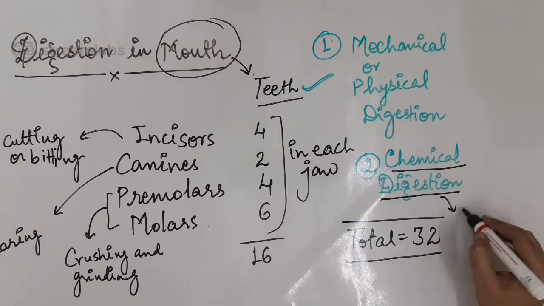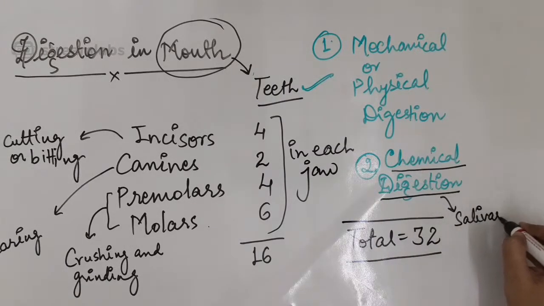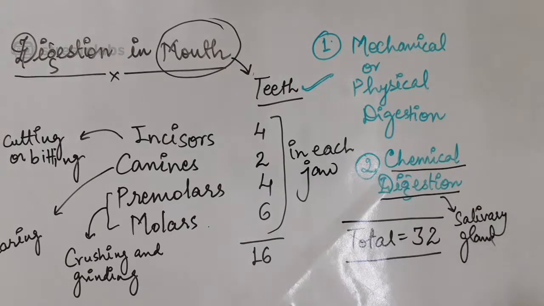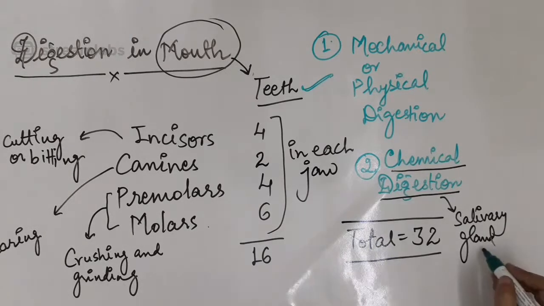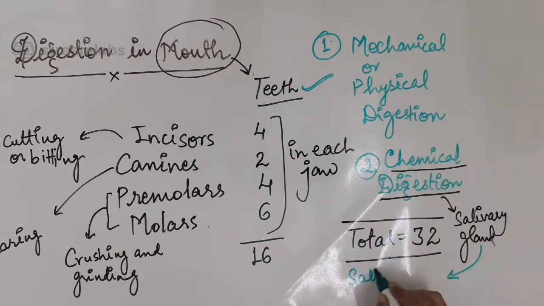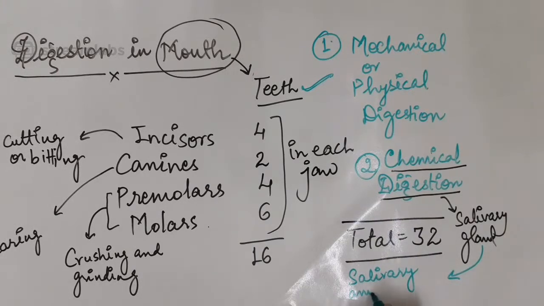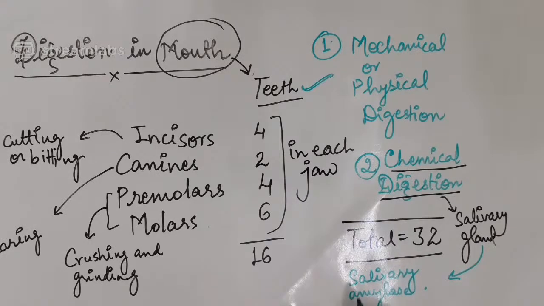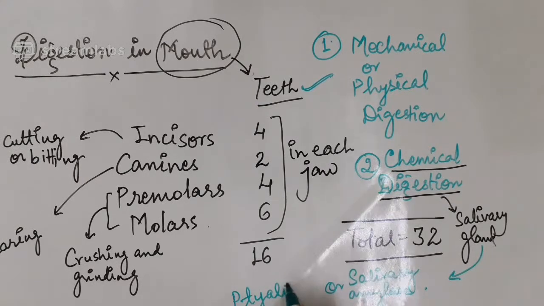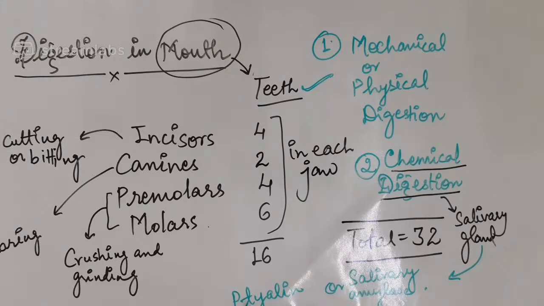The salivary gland secretes an enzyme known as salivary amylase. This salivary amylase is also called ptyalin. Here P is silent, P-T-Y-A-L-I-N. This is called ptyalin. Ptyalin or salivary amylase is the enzyme present in the mouth released by the salivary gland.